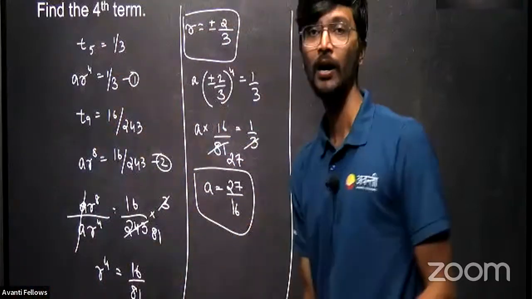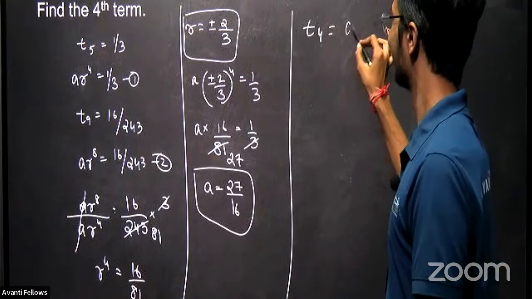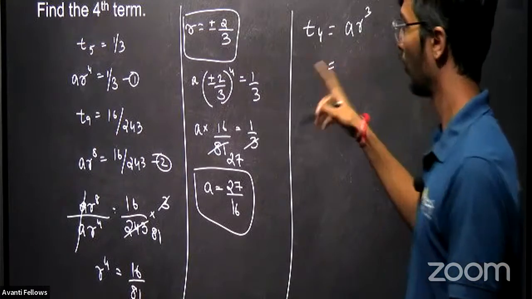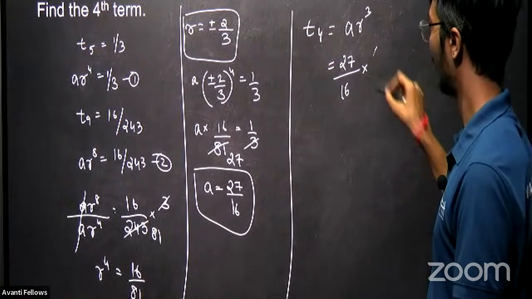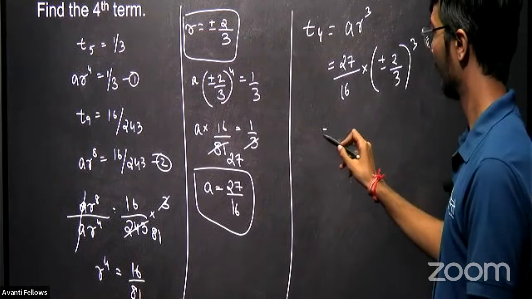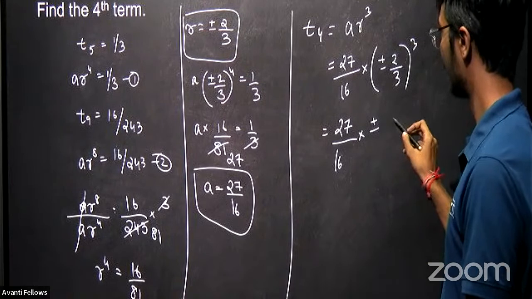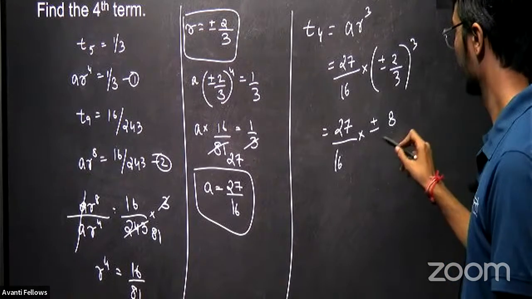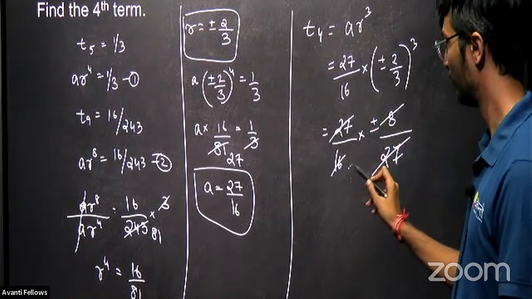We require the fourth term. The fourth term, T4, is A R raised to the power 3. What is A? It is 27 by 16 into R, which is plus minus 2 by 3, raised to the power 3. That means 27 by 16 into plus minus 8 upon 27. So I'll cancel this. 8 ones are 8, 8 twos are 16.